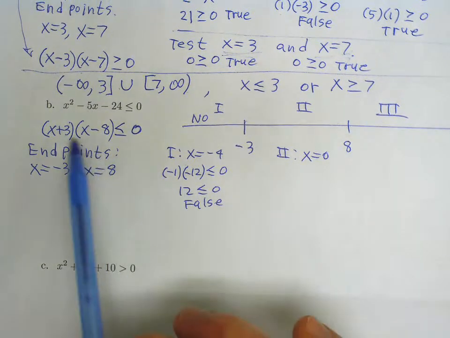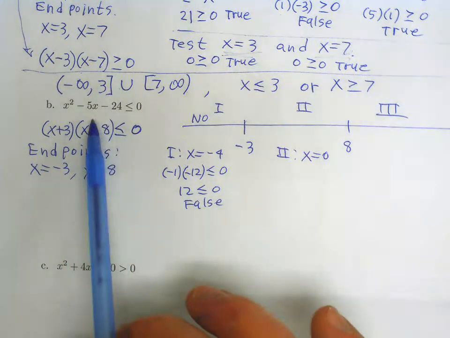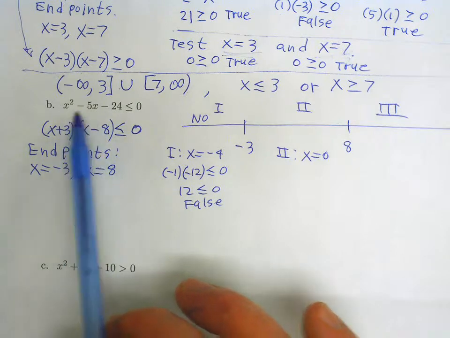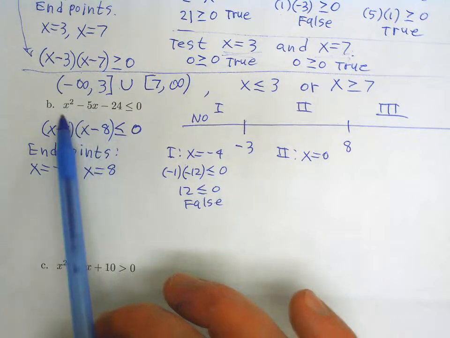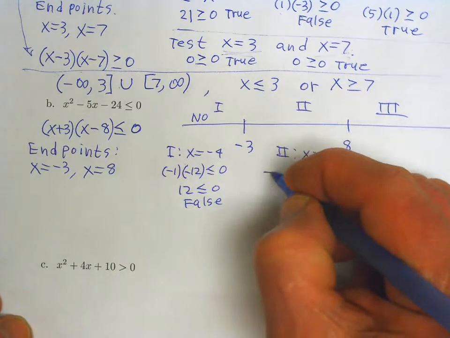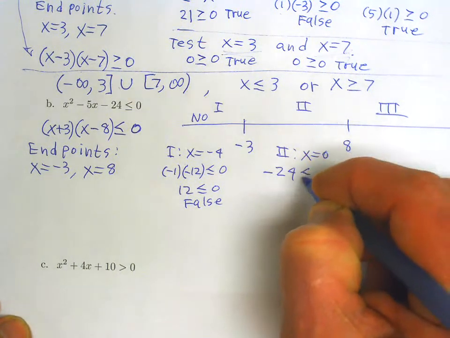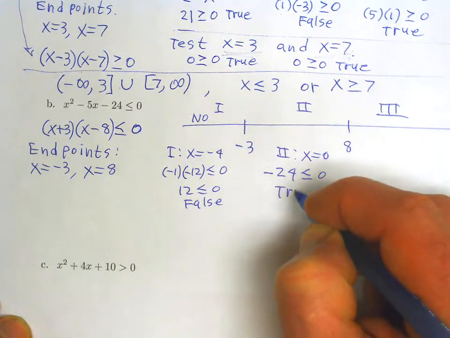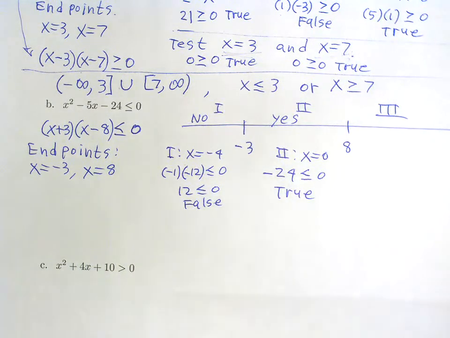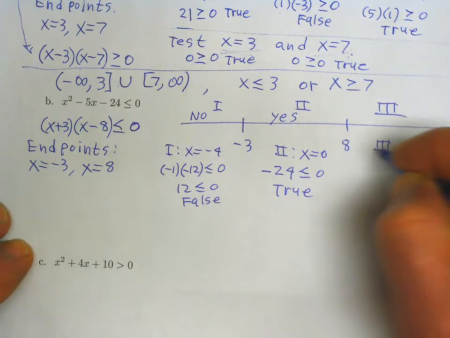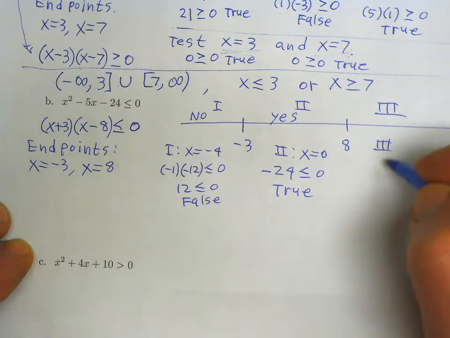And using the original inequality is usually the easier choice when 0 is the test point. Replace every x with 0. We're left with negative 24 less than or equal to 0. And that's true. So yes, the numbers between negative 3 and 8 are solutions. And then in the third interval, pick any number you want greater than 8.